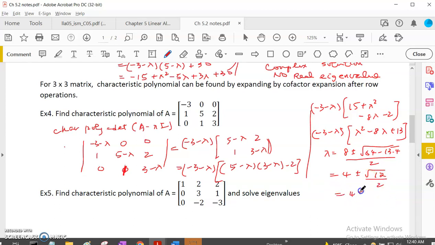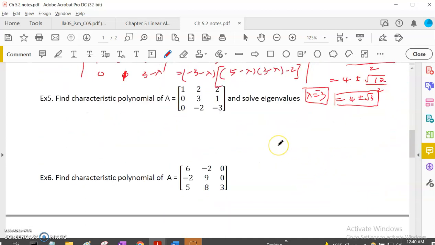So it's 4 plus or minus root 3. So these are the two. And then also lambda equal to negative 3. So these are the three numbers: negative 3, 4 plus root 3, 4 minus root 3.